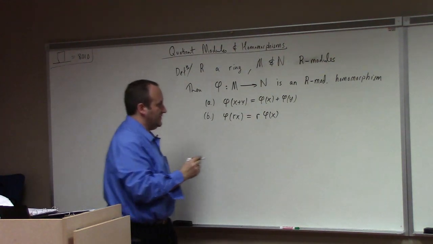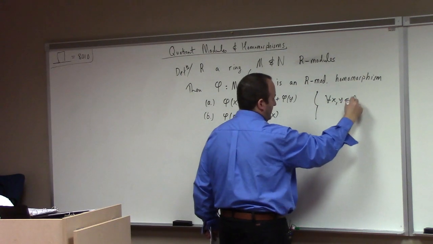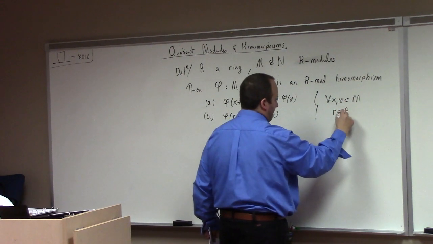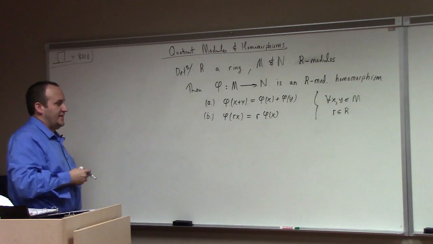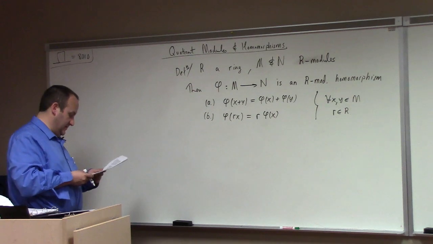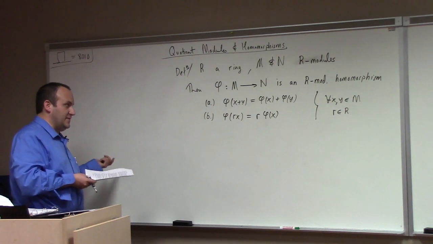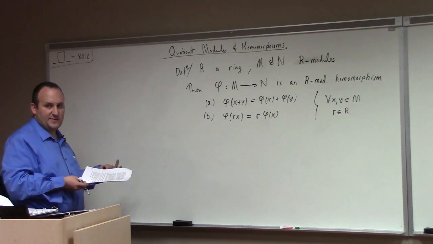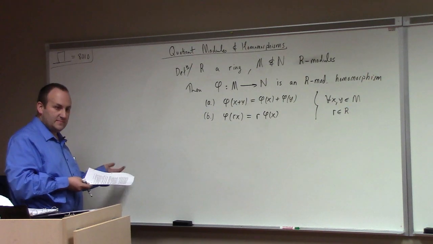And this, of course, is for all x and y in the module and r in the ring. So it's additive and in some sense homogeneous. This looks familiar, right? If R was a field and the R module was a vector space, this would be a linear transformation.